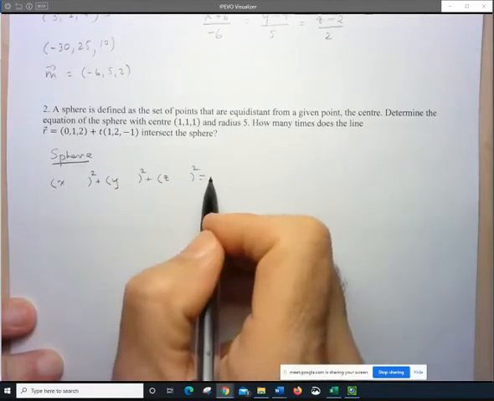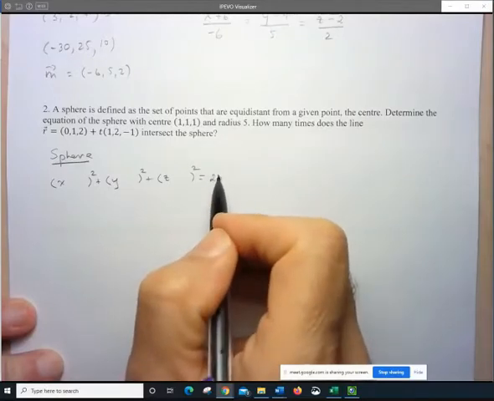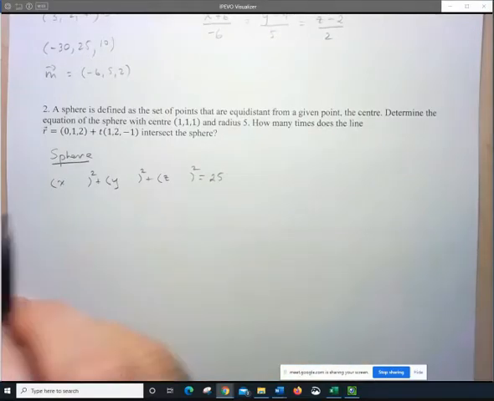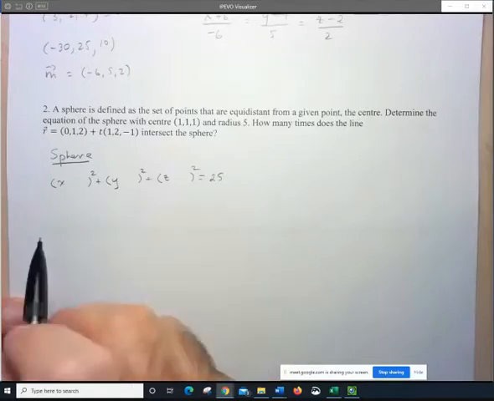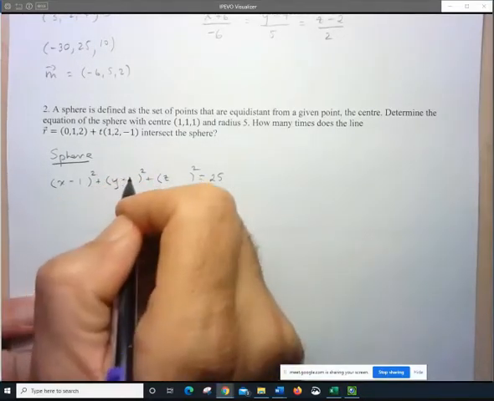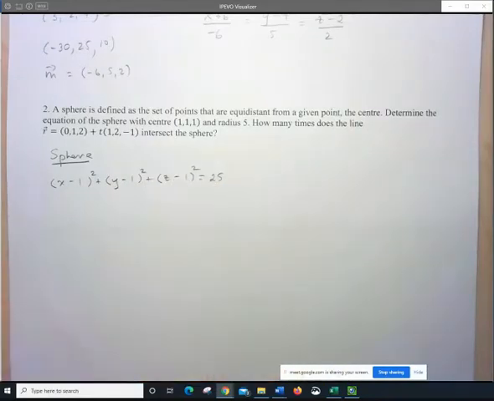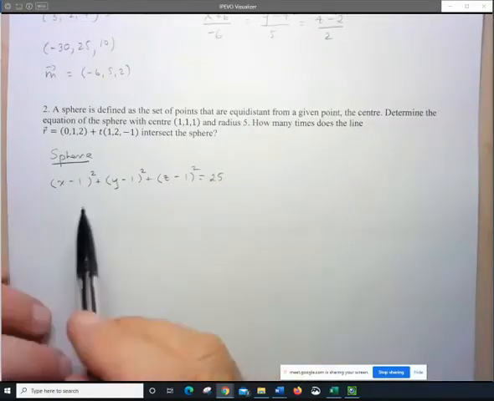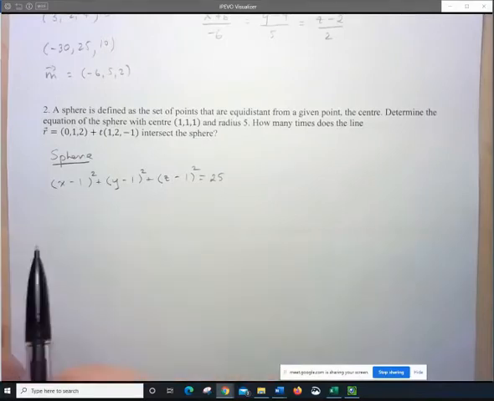Here you're going to have the radius squared, so 25. And these numbers represent the center of your sphere: -1, -1, -1. So we've already established this concept; we don't need to reinvent the wheel.